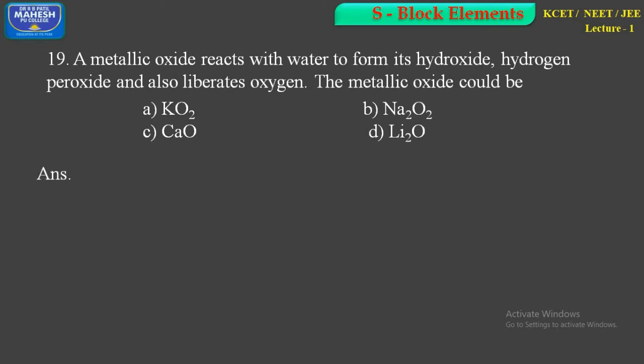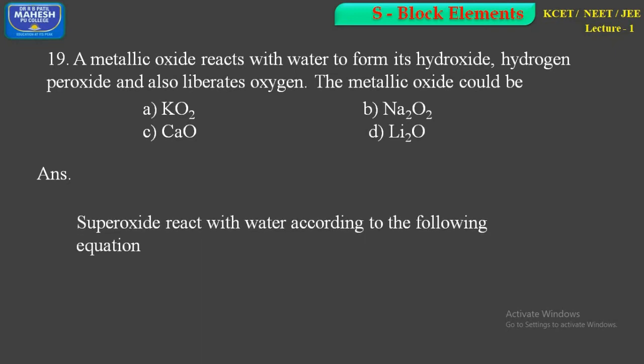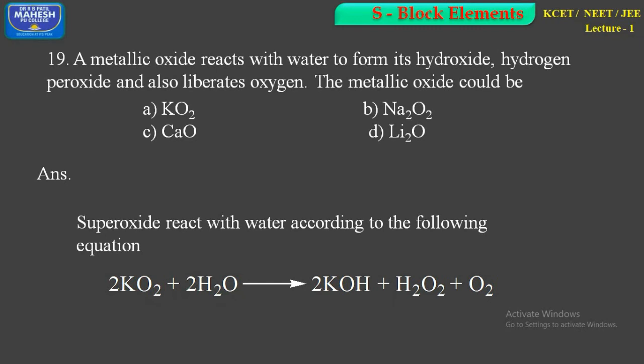Students, superoxide reacts with water. According to the equation, potassium dioxide reacts with the water to form potassium hydroxide, hydrogen peroxide, and even oxygen vapors. So option A is the right answer, that is potassium dioxide or potassium superoxide.